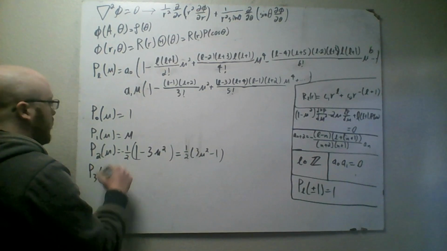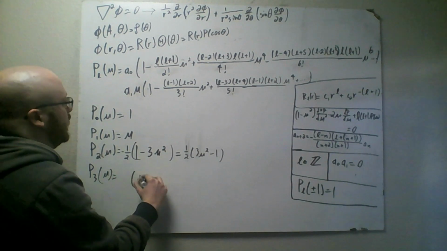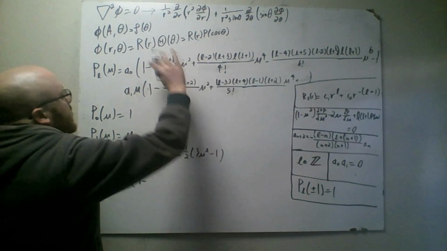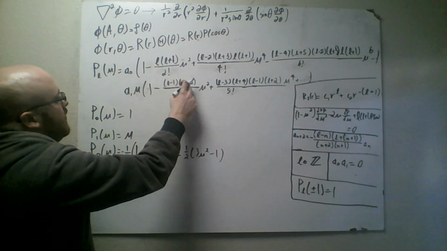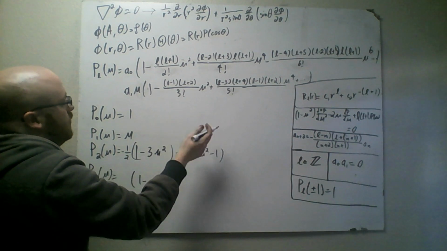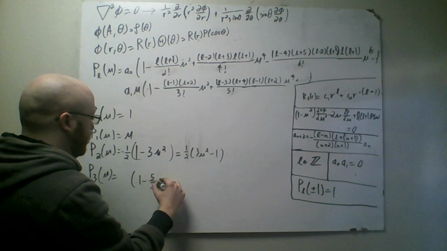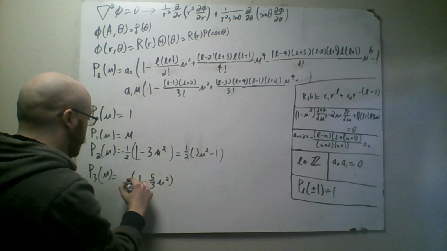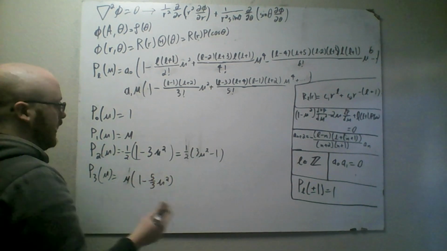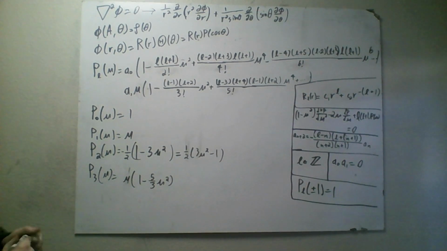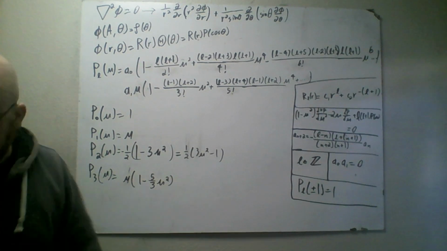P3, well, I need to give an example of this one. P3 of mu is equal to 1 minus, all these terms cancel, this is 0 up top. So this becomes 2 times 5 divided by 3 factorial, so that becomes 5/3 mu squared, and I'm going to throw a mu in front. Now, the only thing is, if we plug in 1 or negative 1, this guy equals, let me check this.